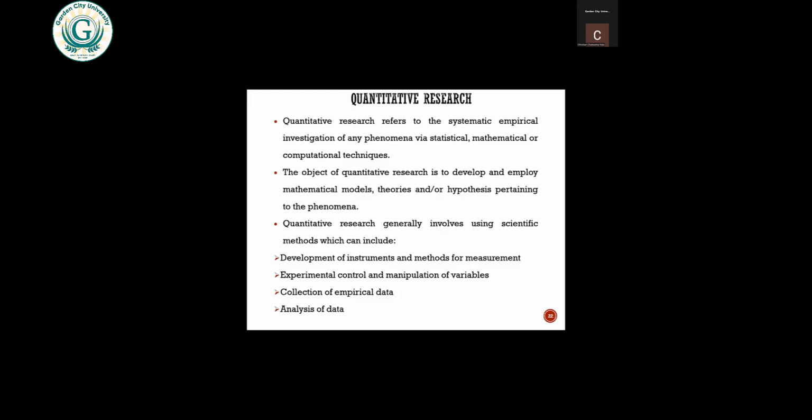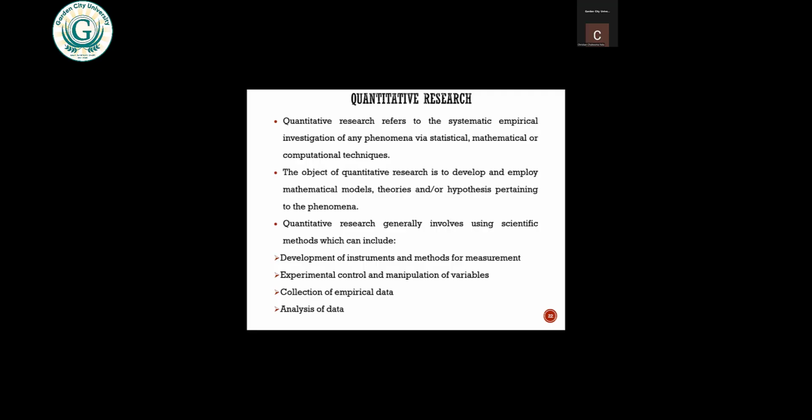Please try to decide on what you'll be doing now so that whilst you are learning this semester, it will help to shape the work you are doing. Because the statistics you are learning in biostatistics and all those calculations you'll be doing will be very important to you in your level 400. So this type of research involves statistics, mathematical, and computational techniques.